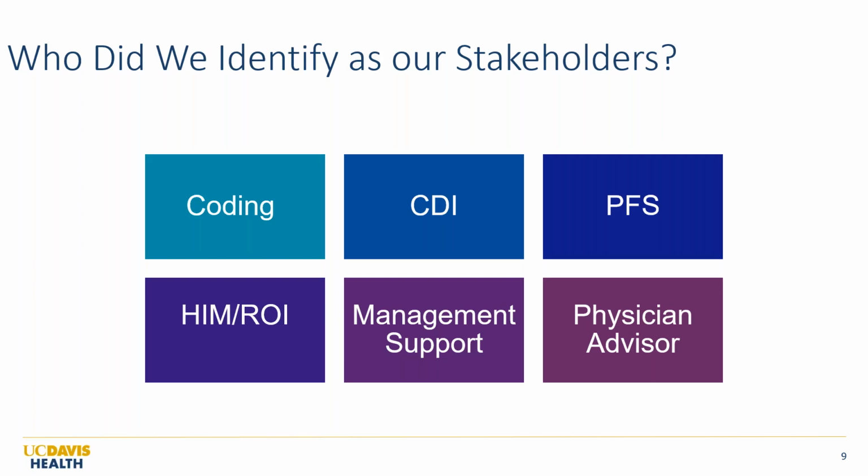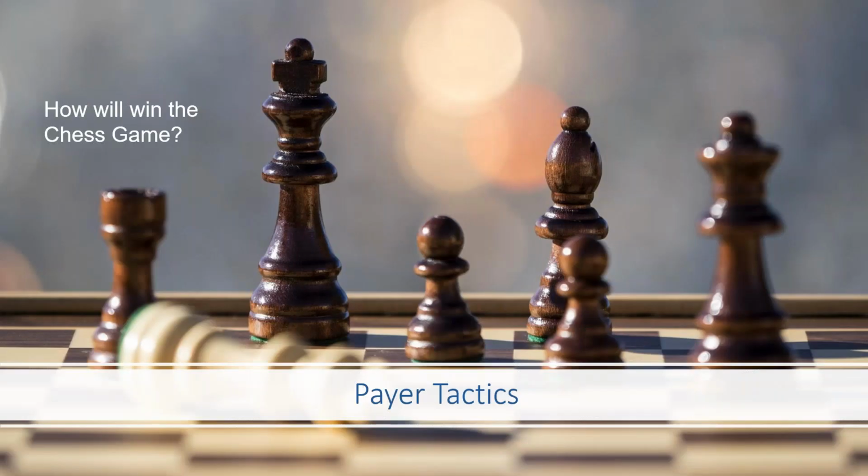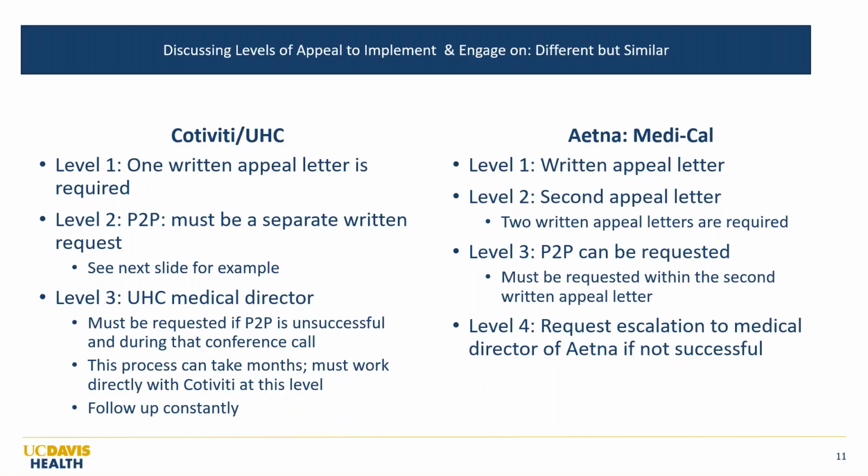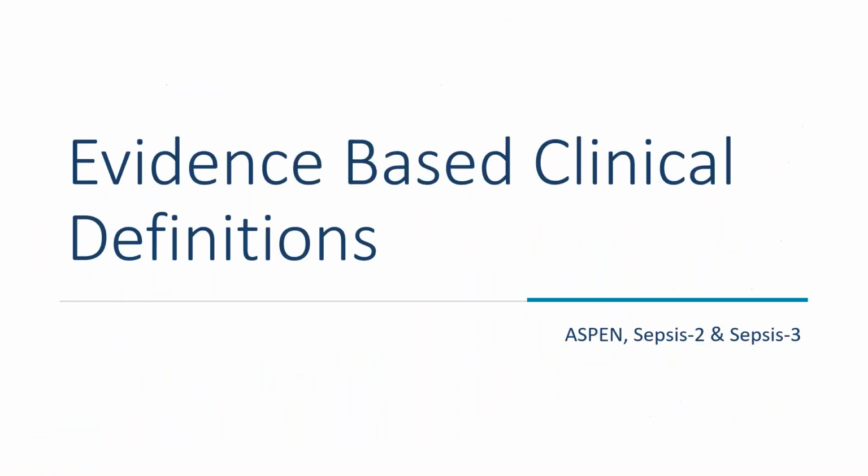And who do you identify as your key stakeholders? This is what you have to think through. As you're thinking about your levels of appeals and your payer tactics, how can you fine tune your current denials process? Because I think every hospital has a denials process in place, it's just about how you can fine tune it. That's what we're looking at currently here at UC Davis.